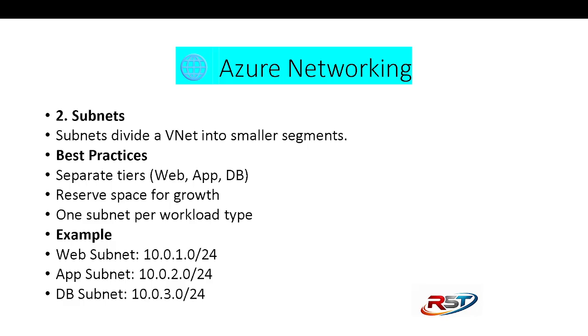For example, the web subnet is 10.0.1.0/24. For another one, the app subnet, we create 10.0.2.0/24. Each subnet will get 256 addresses because we gave /24, right? And the DB subnet also, 10.0.3.0/24.